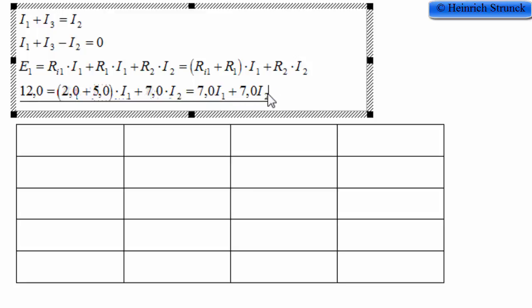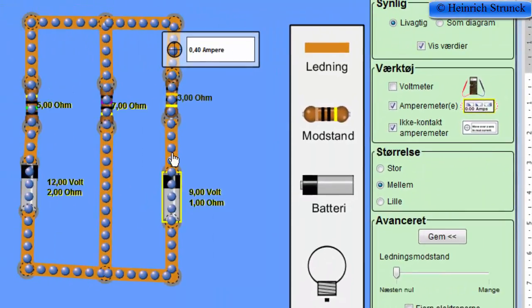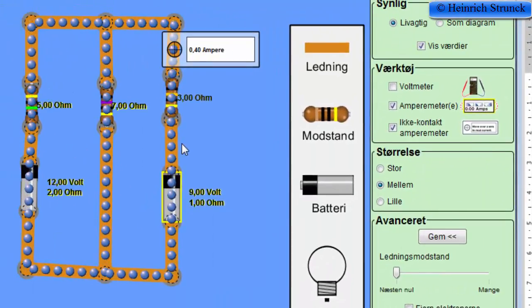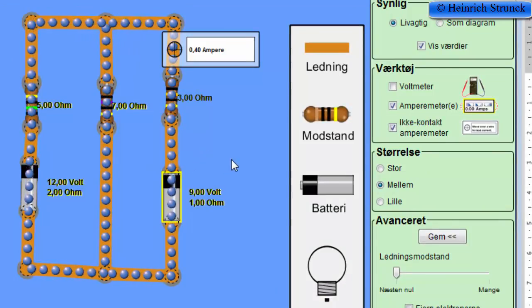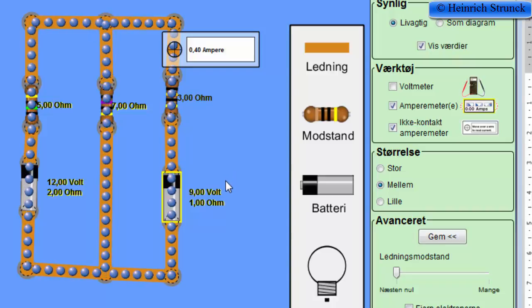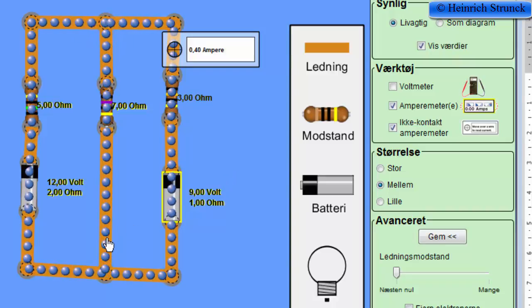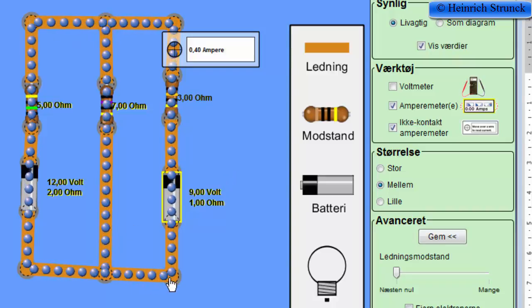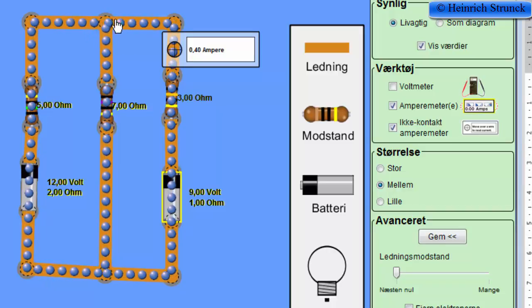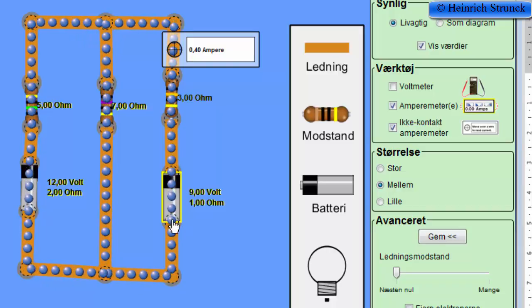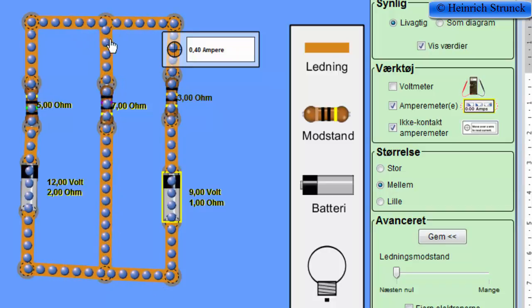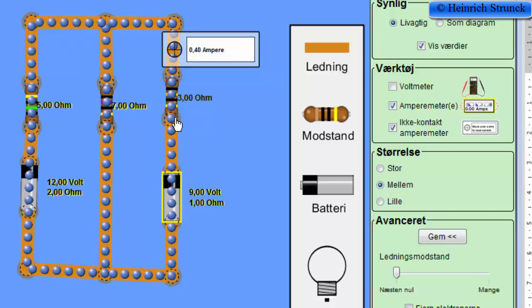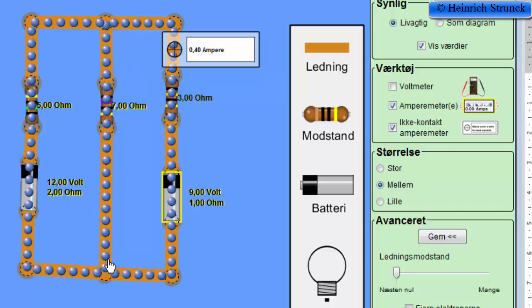So now we have two equations, but we remember that we have 3 unknown currents, so we have to make another equation, and we can do that with Kirchhoff's second law. It would be easy to just make a closed loop on the right side, but that will be nearly the same formula as before, just with some other values.